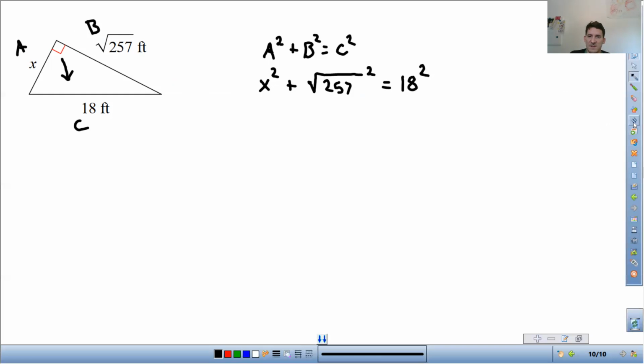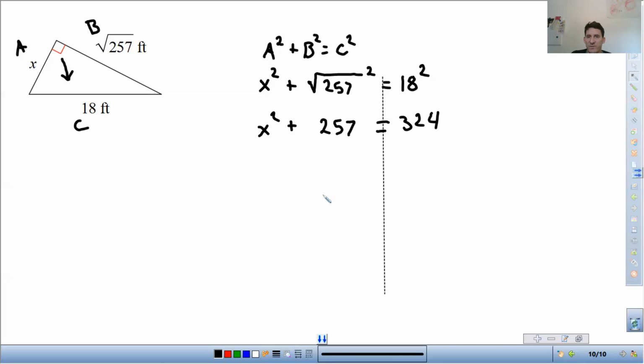So I have to solve this here. We'll do this easy one first. 18 squared is 324. And then here, square root of 257 squared, the square root and the squared, that just cancel each other out.